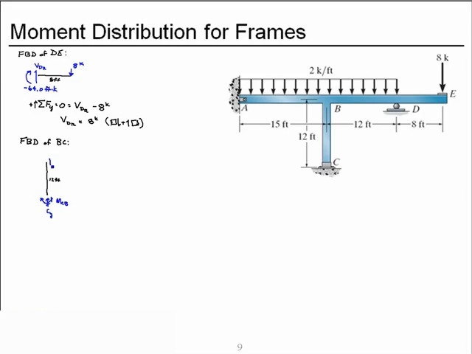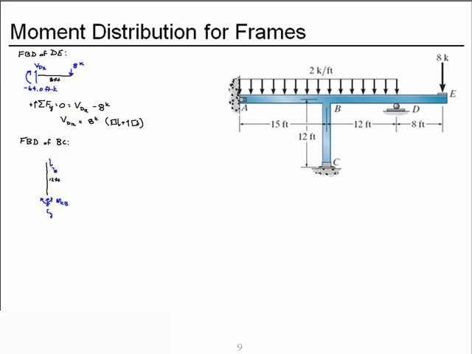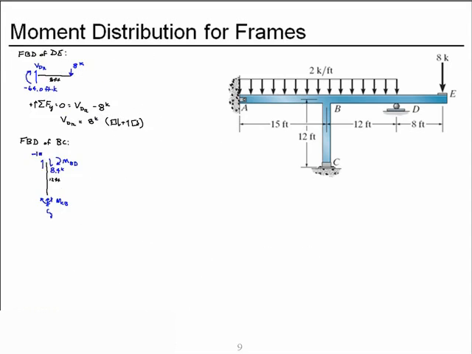We have a shear just to the right of point B, which we found to be a positive 8.4 kips, a moment, BD, a shear just to the left of point B, which we found to be negative 17.9 kips, and a moment, BA.